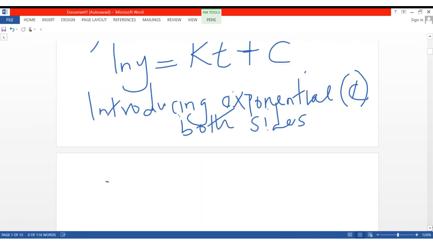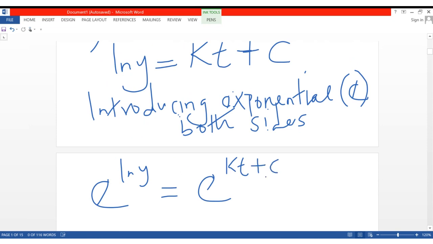So e to the ln y will be the same as e to the kt plus c.